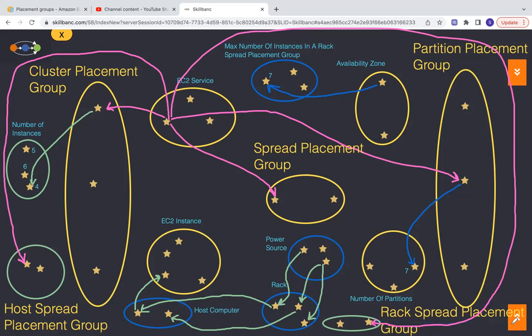If you try to launch an extra one, it will fail. Because you're saying, I want power source different, rack different. So they have some restrictions because of the way they set up that data center.